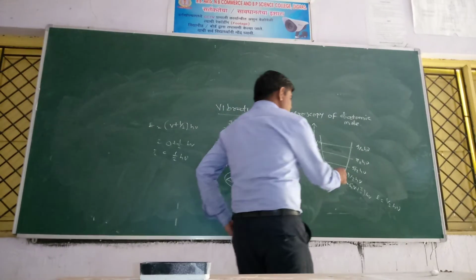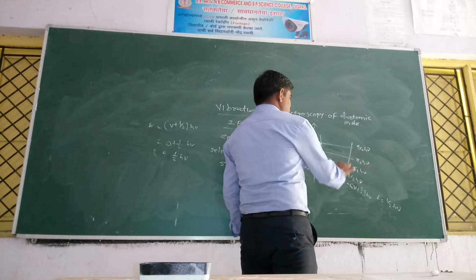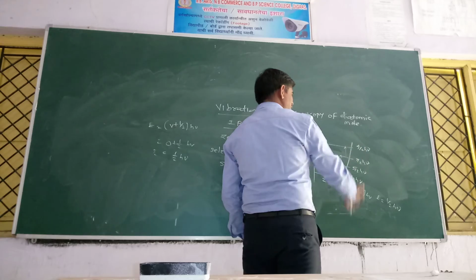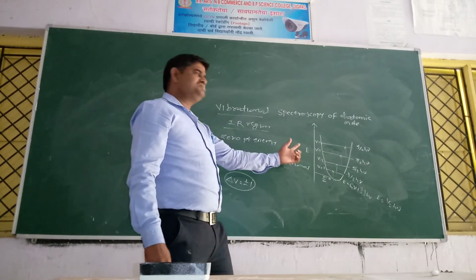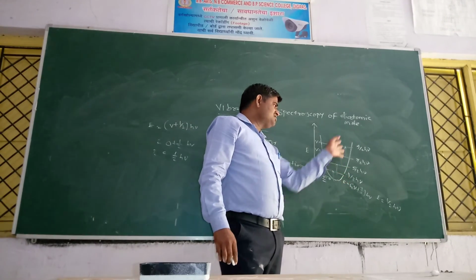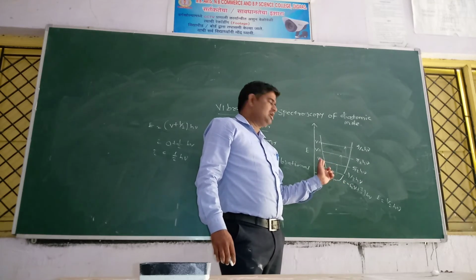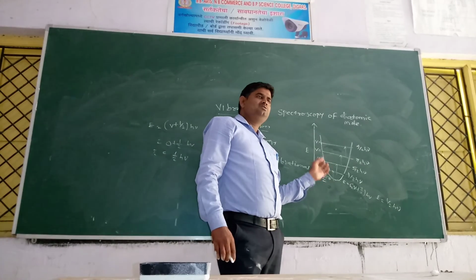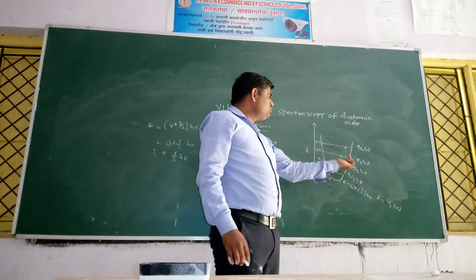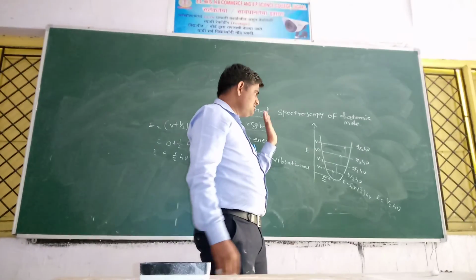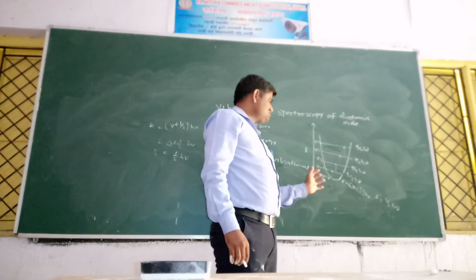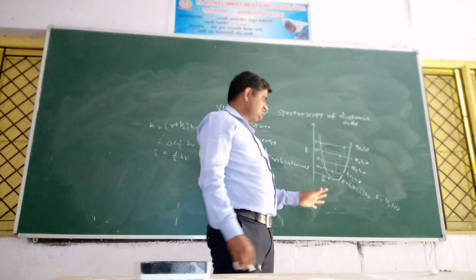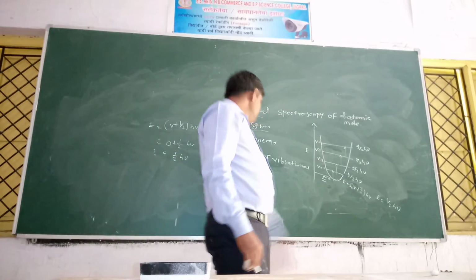Means this transition is possible. This is an allowed transition. Why is this allowed transition? Because these are the various vibrational energy levels, but changes by plus 1. v0 to v1 changes by plus 1. v1 to v2 only changes by plus 1. That's why these are allowed transitions. But transition from v0 to v2 is a forbidden transition because it changes by plus 2.